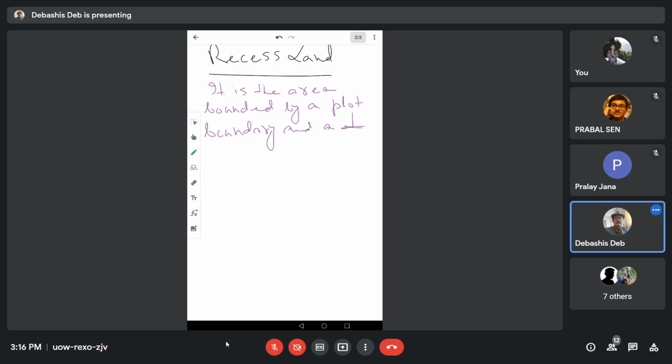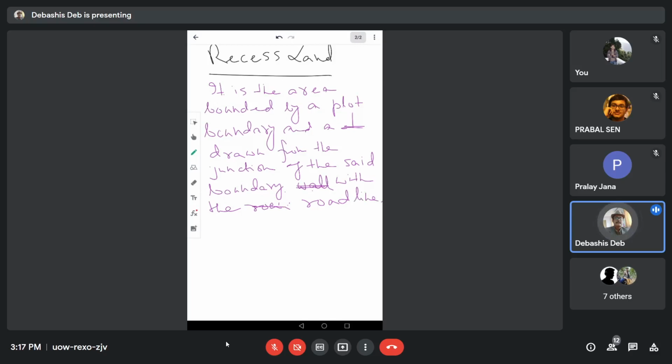This is perpendicular drawn from the junction of the said boundary, not boundary wall, boundary, say boundary with the road line, with the road line. Let me draw.